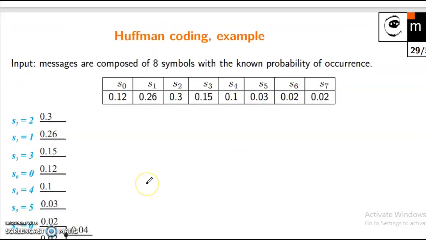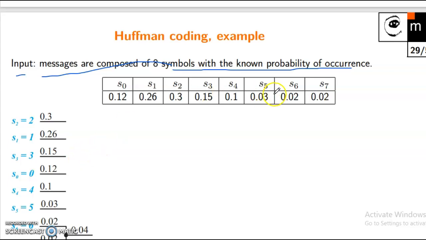Huffman coding example. Input messages are composed of 8 symbols with a known probability of occurrence.